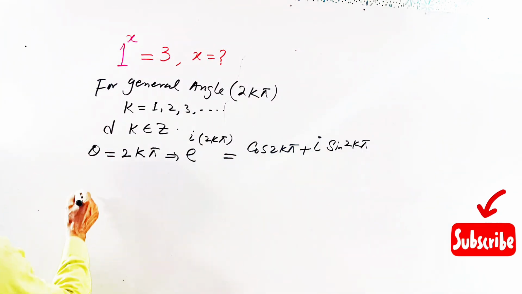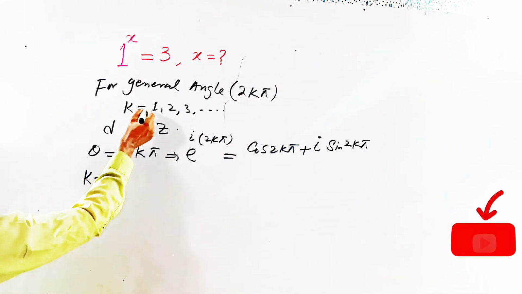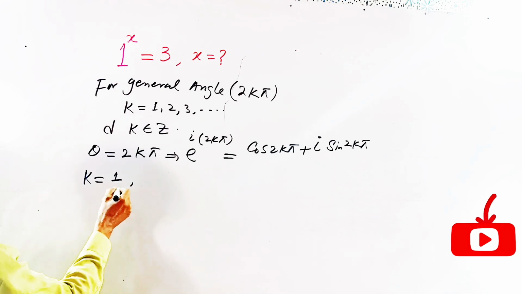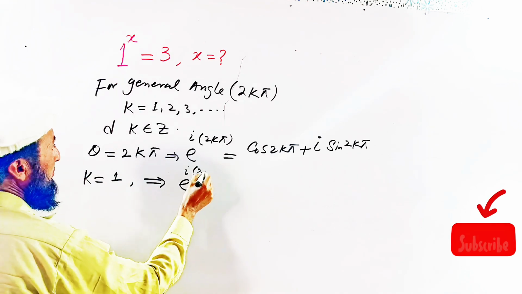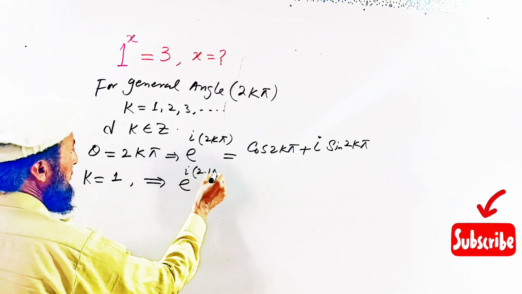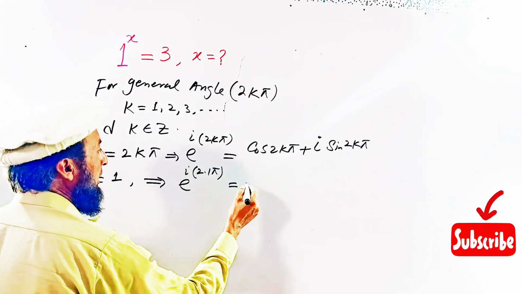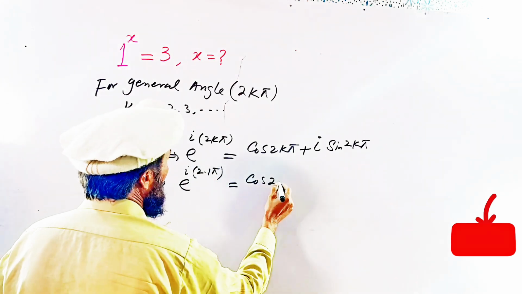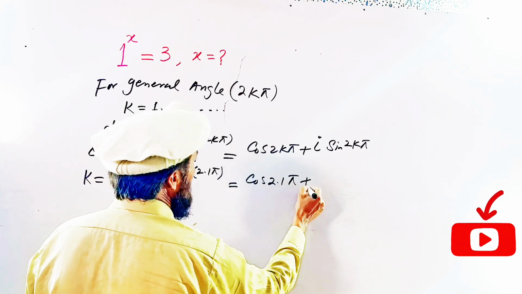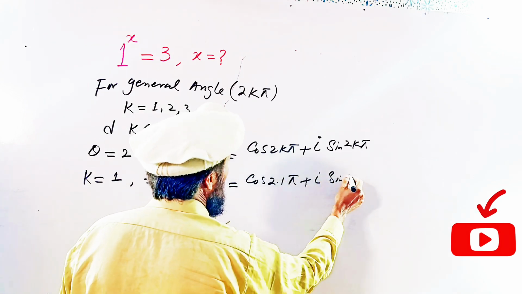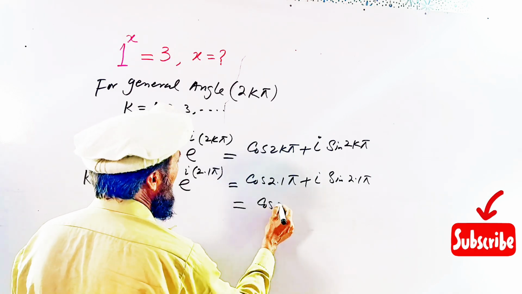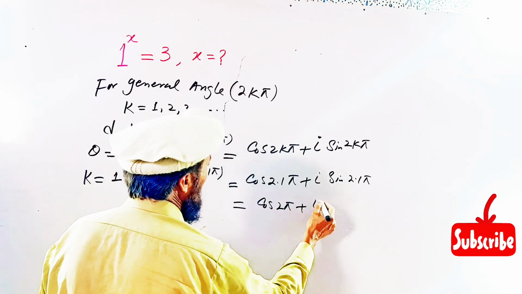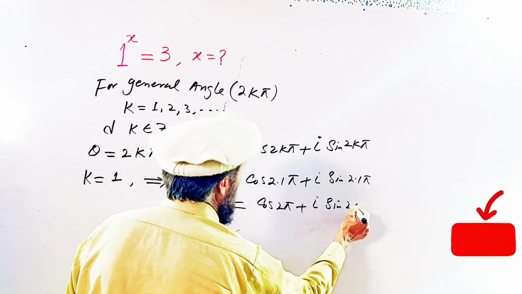If we put the value of k as 1 first, what will be the effect? In place of k we put 1, so e exponent of i 2 pi is equal to cos 2 into 1 pi plus iota sin 2 into 1 pi. So we get cos 2 pi plus iota sin 2 pi.